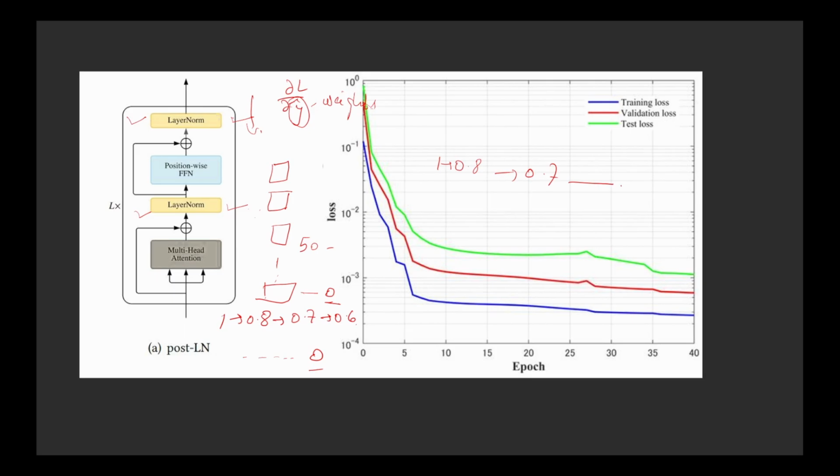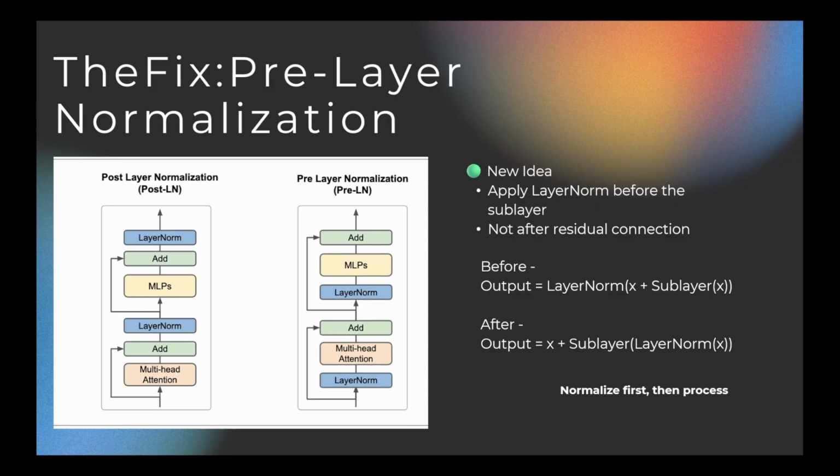Now let's discuss the fix. The fix is very simple, very relatable. It is pre-layer normalization. Even this fix was given by the data science community, not by any big organization.